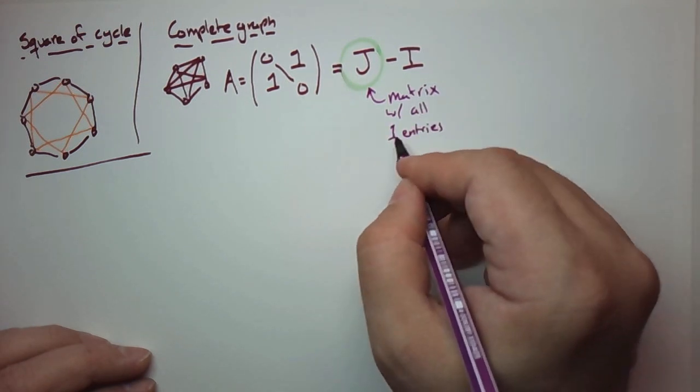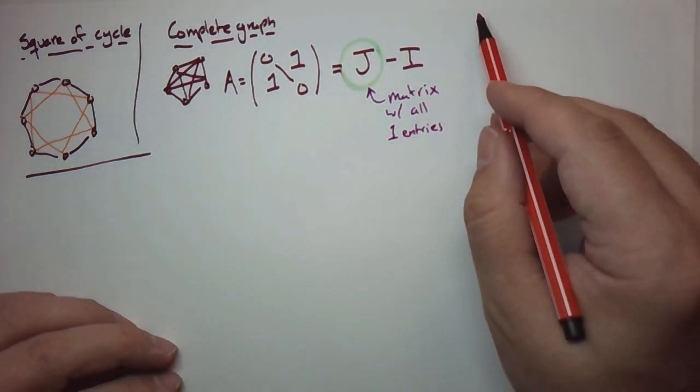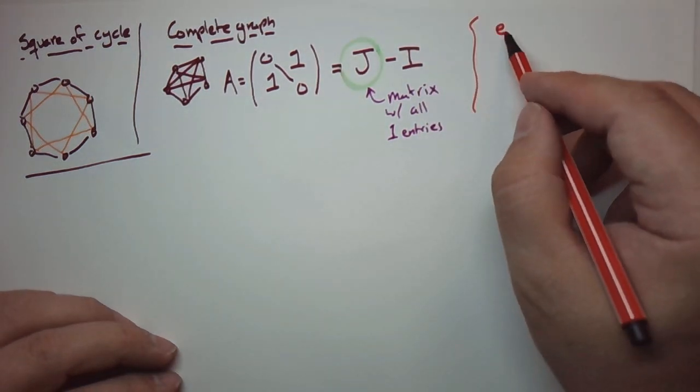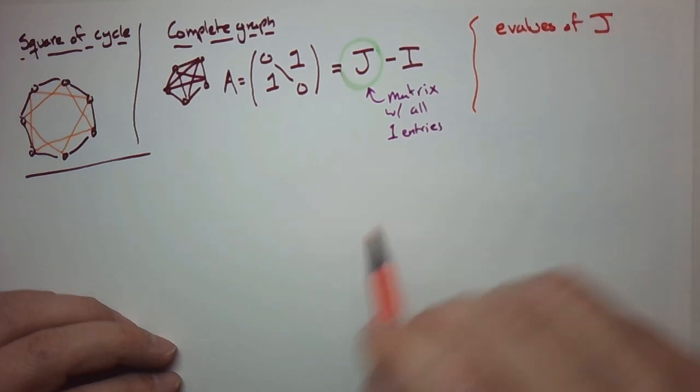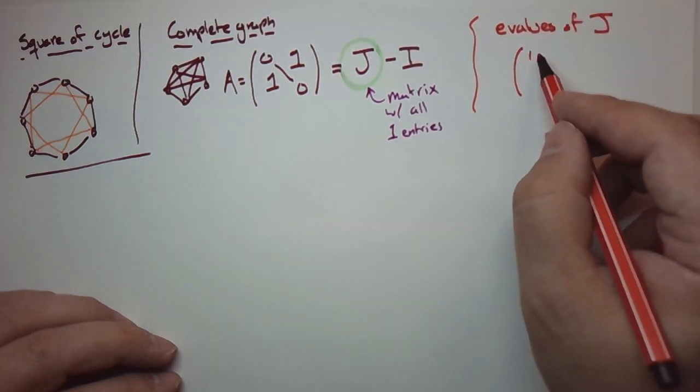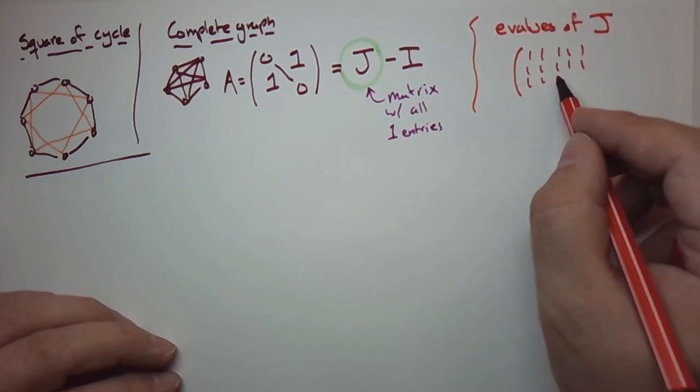All right. Now, we can do this in a couple of different ways, and let's maybe start by the following. Let's not worry about J minus I. Let's talk about the eigenvalues of J. Just the all ones. So I have here a matrix, and it has all 1 entries.